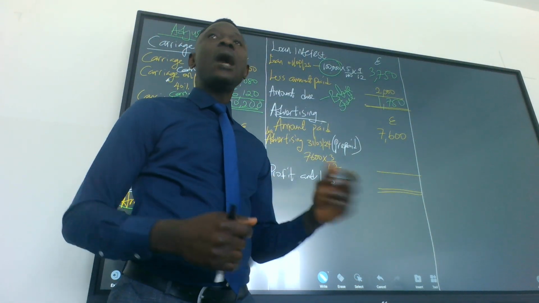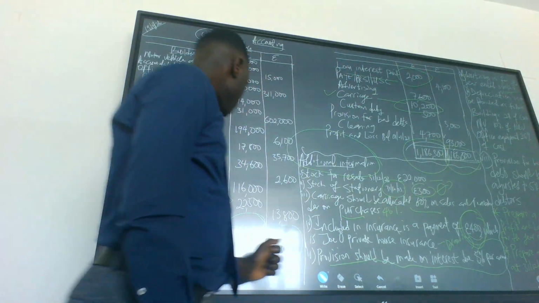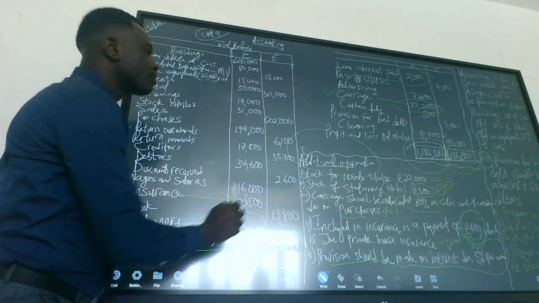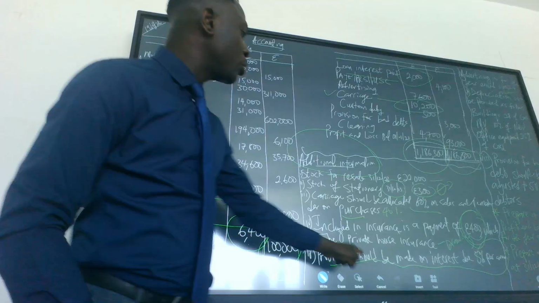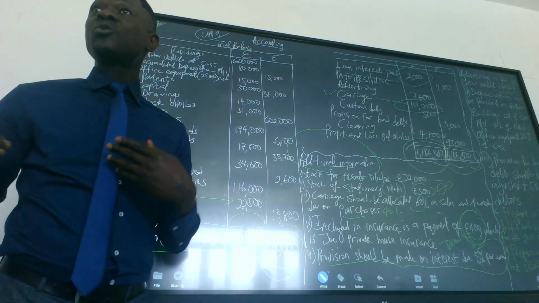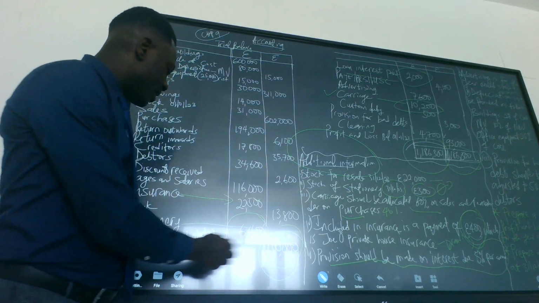Back here, the term loan was 100,000, right? We go back to the additional information. They said provision should be made on interest due at 5% per annum. The interest should be on the loan that you took. Without a loan, you can't pay interest. Yes or no? You took the loan on 1/4/23, that's why you have the date here.